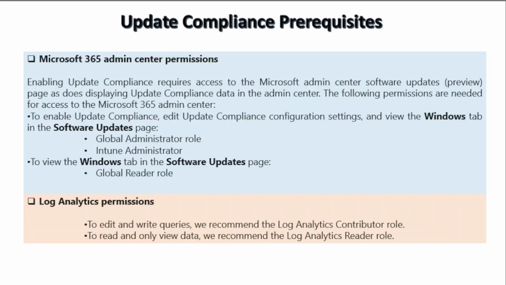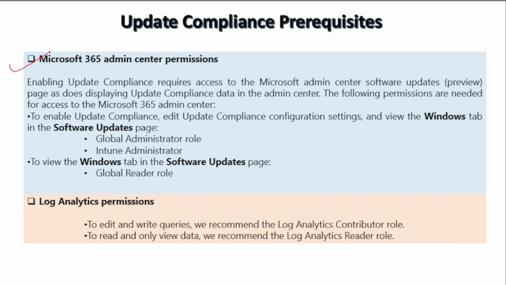For enabling update compliance, we need to ensure that we have the required permissions on the Microsoft 365 Admin Center portal. Enabling update compliance requires access to the Microsoft Admin Center software update page, as it displays the update compliance data in Admin Center.